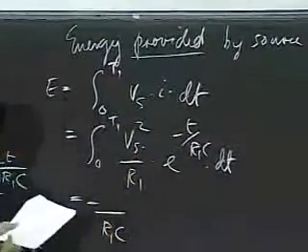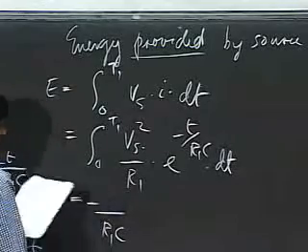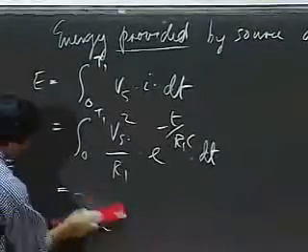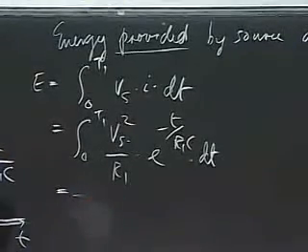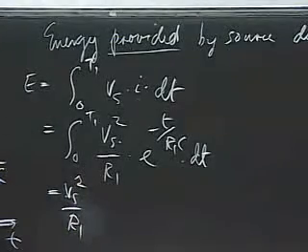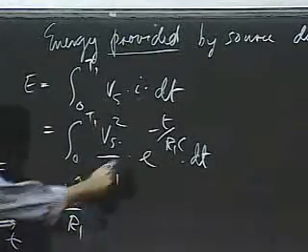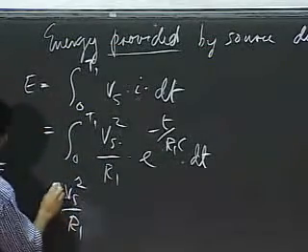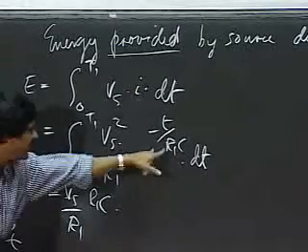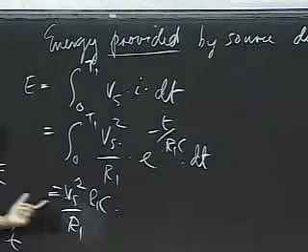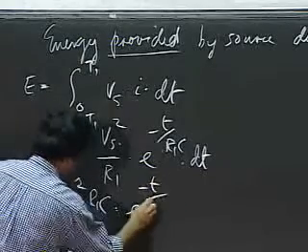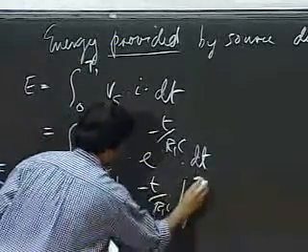Let me do that a little bit more carefully. Vs squared by R1 simply comes out, and I get a minus R1C in the numerator. Remember, if I differentiate it, then I get R1C in the denominator. So for the integral, that comes up here. And then I write down e to the minus t divided by R1C from 0 to T1.